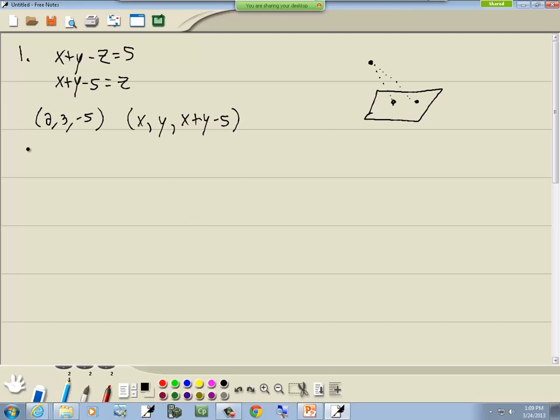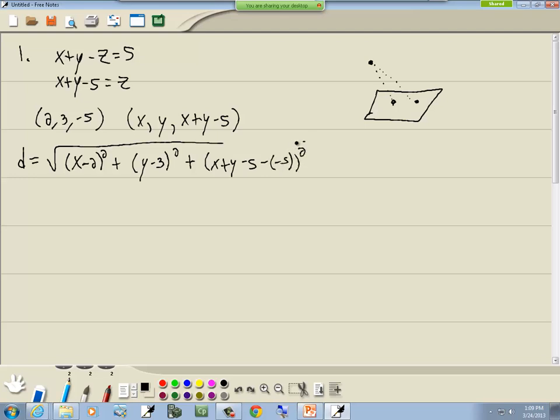Well, normally our formula for the distance is equal to subtracting your x values. I've got x minus 2 squared. Subtract your y values, so I've got y minus 3 squared, and then subtract your z values. So we've got x plus y minus 5 minus a negative 5 squared.